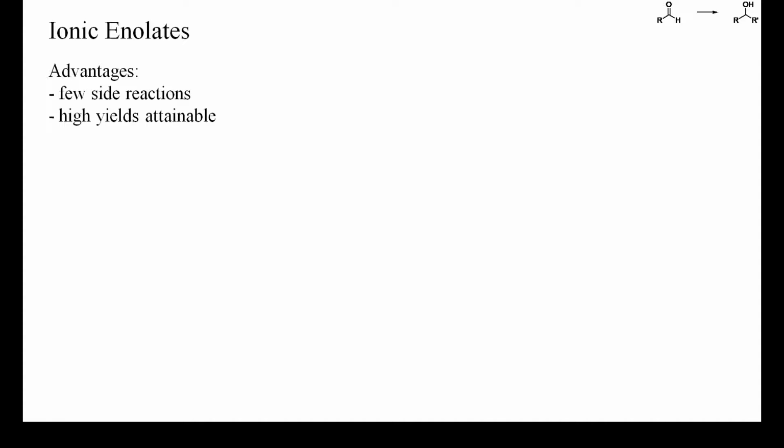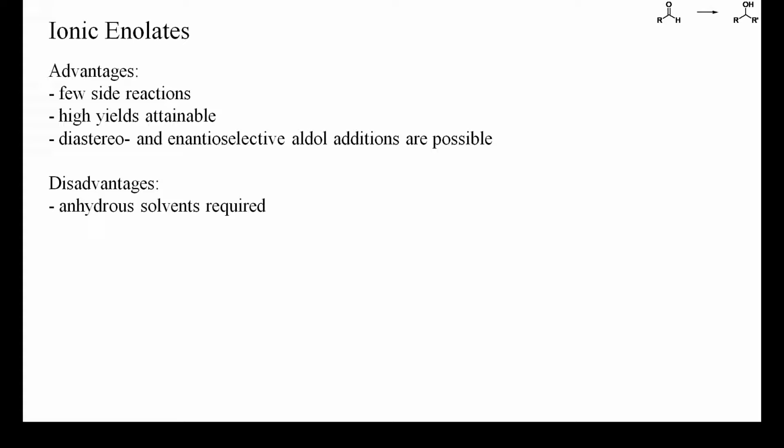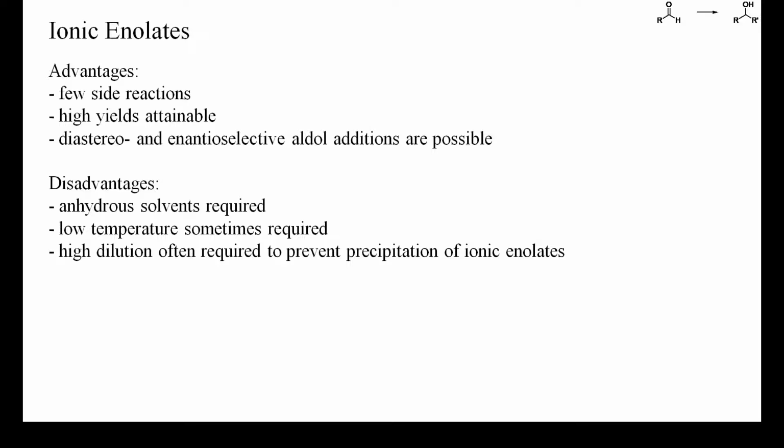High yields are often obtained, and aldol additions often proceed with high stereoselectivity. The main disadvantages are the need of anhydrous solvents, mostly THF, and low temperatures. To prevent their precipitation, some enolates must be prepared in high dilution, and most bases are expensive. Finally, aldol addition products that can eliminate water are usually rather sensitive and must be handled with care.